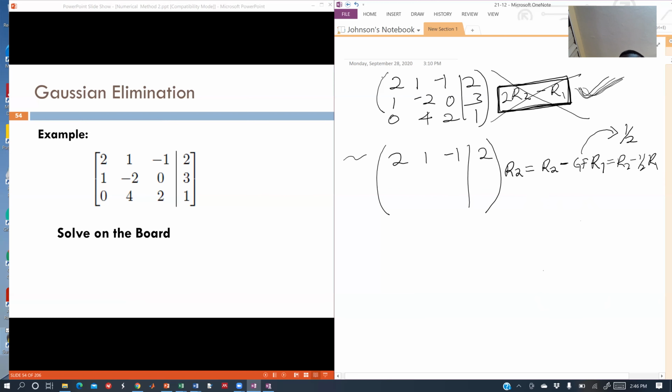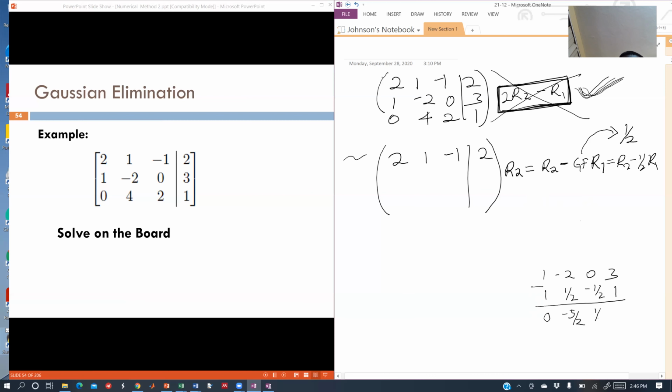Row 2 is 1, minus 2, 0, 3. And half times row 1 will give me 1 over 2, minus 1 over 2, and then 1. Then I'm subtracting. So when I do that, I'm going to get here to be 0. This will give me negative 5 over 2.